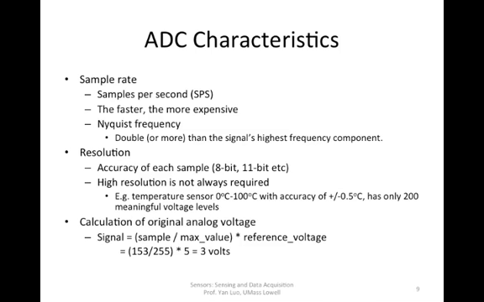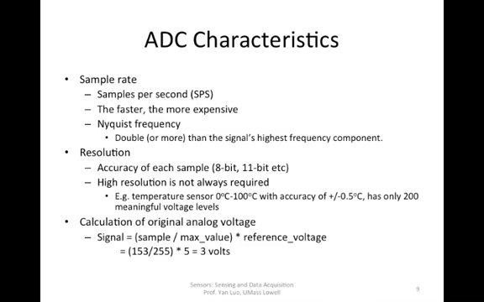That implies you only need 200 different values to represent the temperature. So as long as you have 8-bit from the ADC, you are fine, because 8-bit can give you 256 different values, which is more than enough to represent these 200 different values. When we go with higher resolution, 11-bit, you get finer granularity, but the temperature sensor itself only has 200 steps, so the higher resolution is not useful.